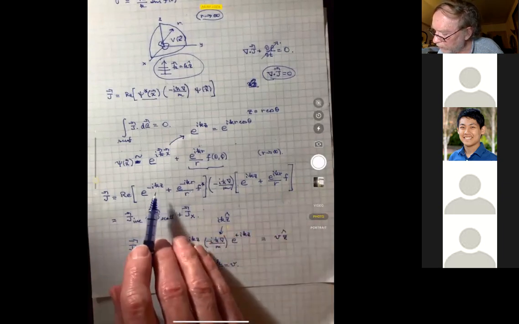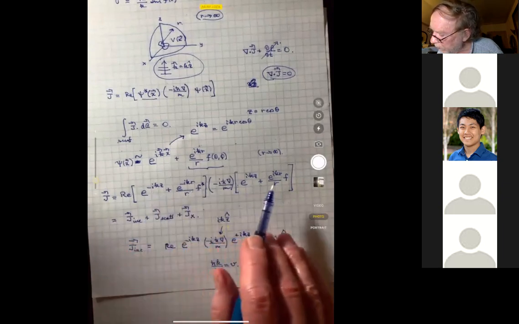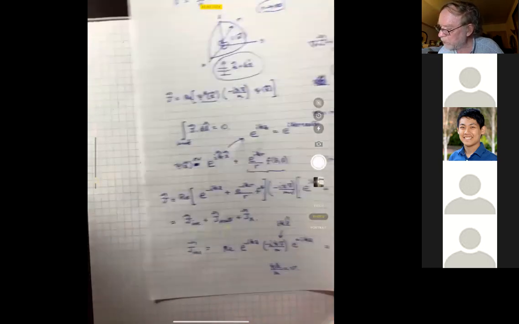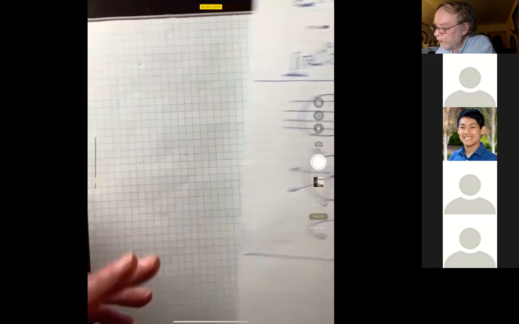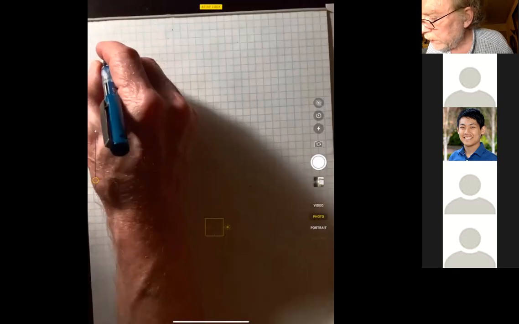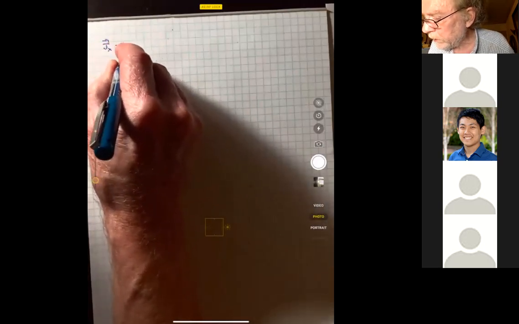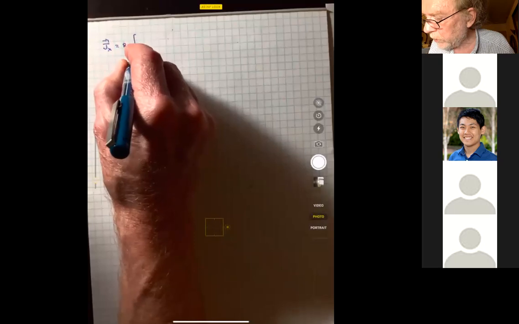The cross terms are going to involve the e to the minus ikz and the plus ikr over there, and then the e to the minus ikr over there and the plus ikz over there. So let's write these out. The cross flux is equal to the real part, and there's going to be two terms.